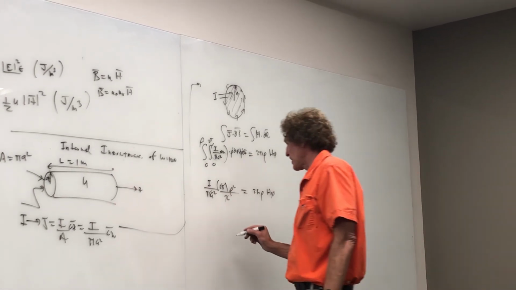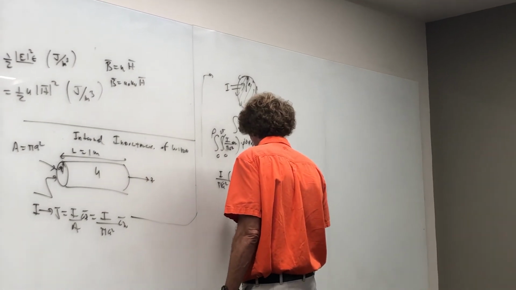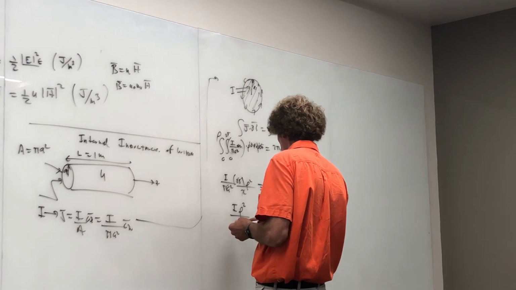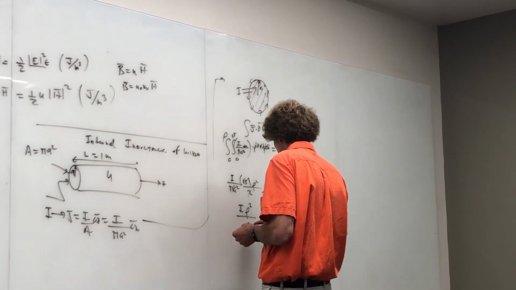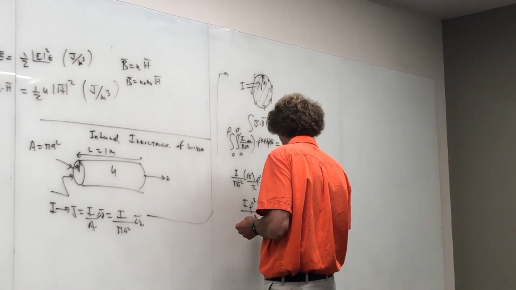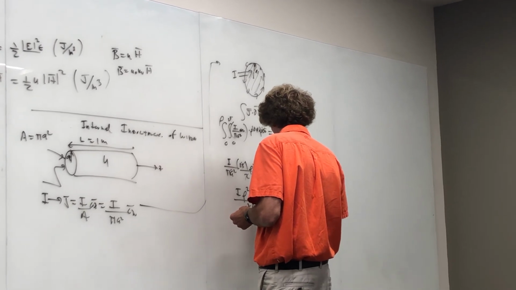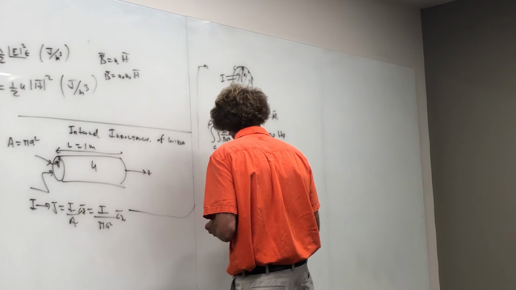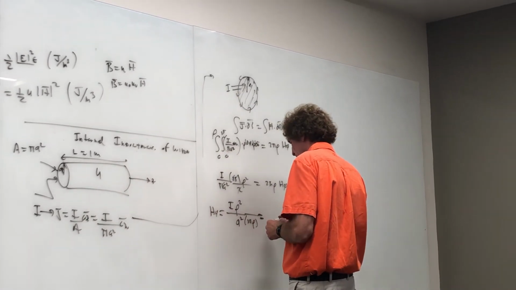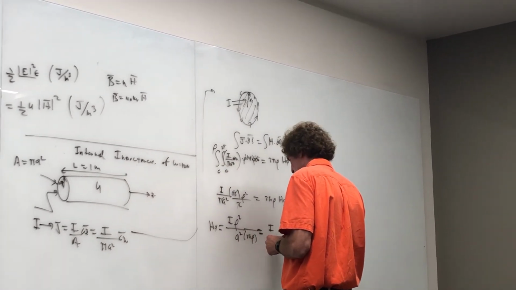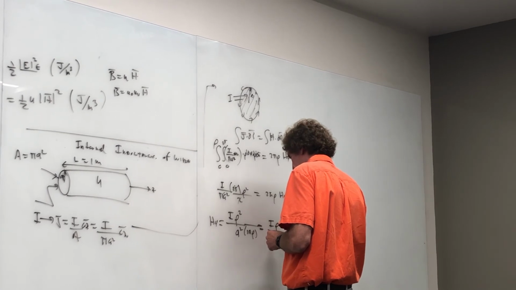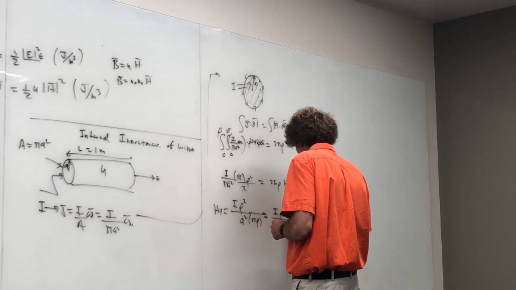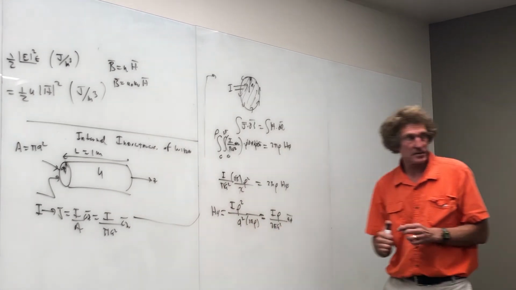And then I have I rho squared over A squared, divided by 2 pi rho, or I have H phi equal to I rho over 2 pi A squared in the A phi direction. That's my H. Agreed, class?